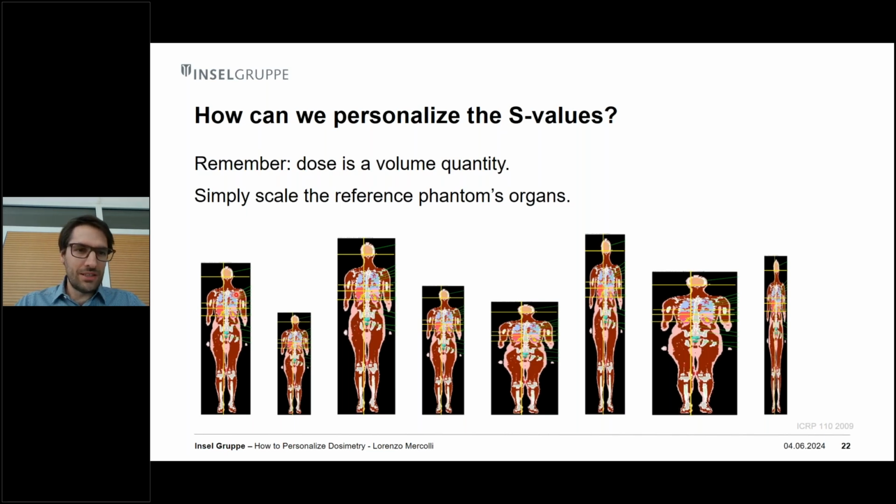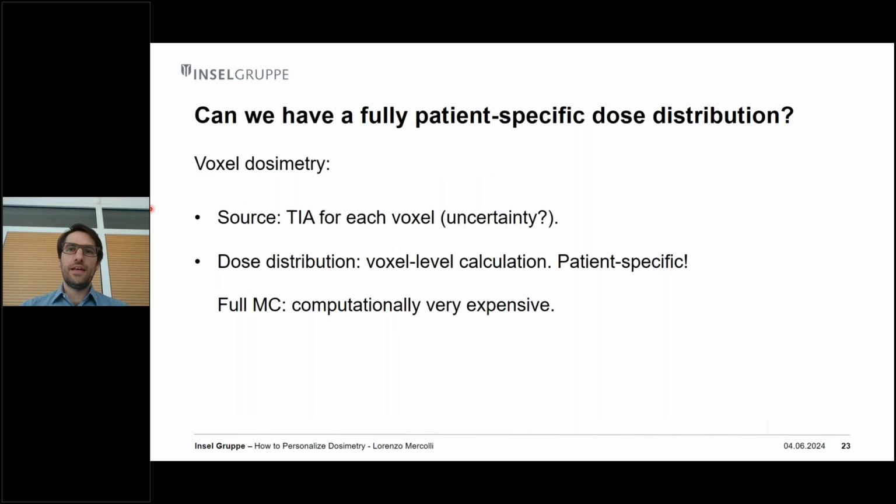However, the location of the organ, the distance between two organs, is not taken care of. So yeah, this scaling is simple, it's effective, but it remains a bad fix. So can we do better than that? And yes, we can do better.